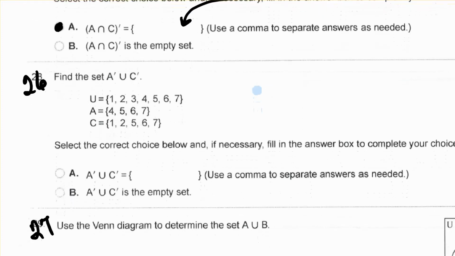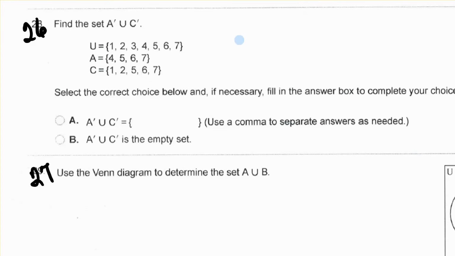All right. 26. Find the set A complement union C complement. Okay, so I will find A complement first. It's everything in the universe that's not here. So 1 is in the complement, 2 and 3, but not 4 through 7.